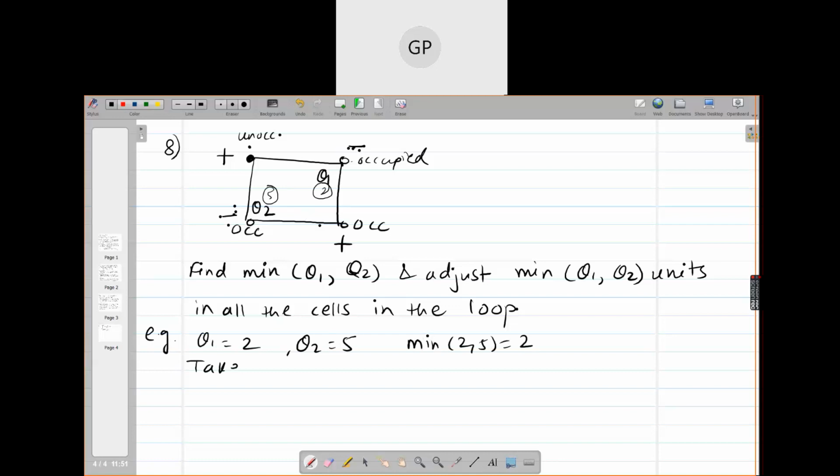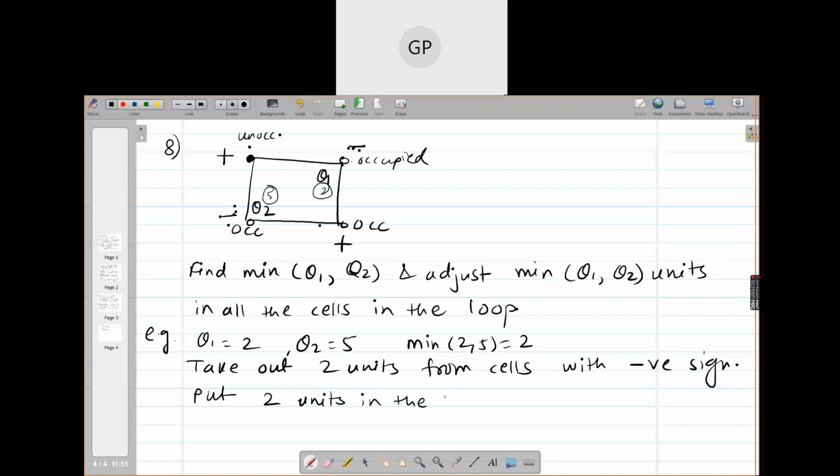So take out 2 units from cells with negative sign. Is that okay, girls? And put 2 units in the cells with positive sign. This is the Modi method.